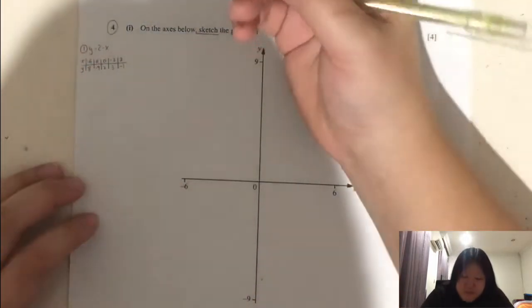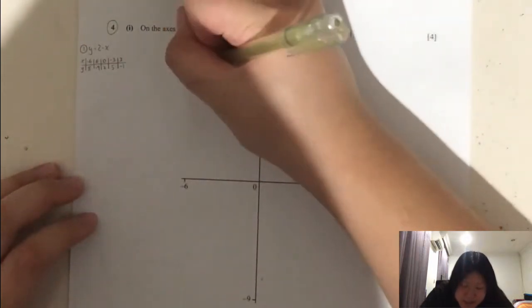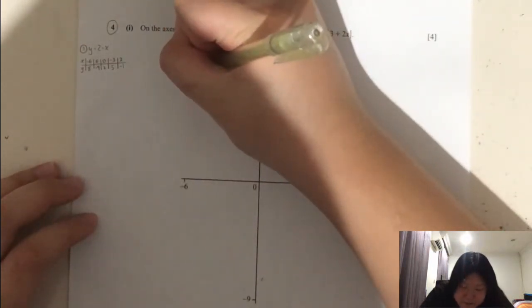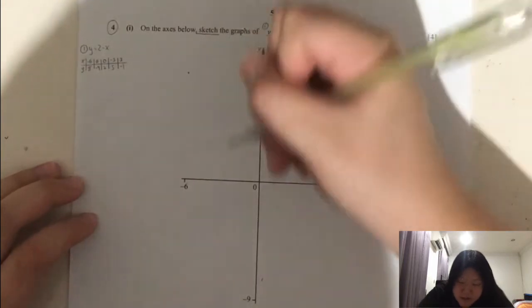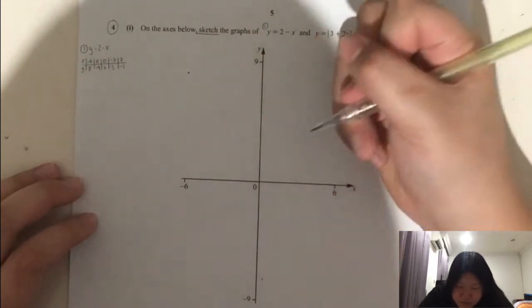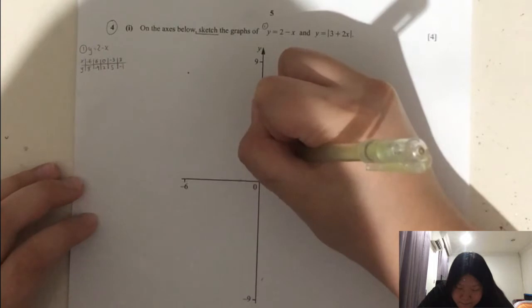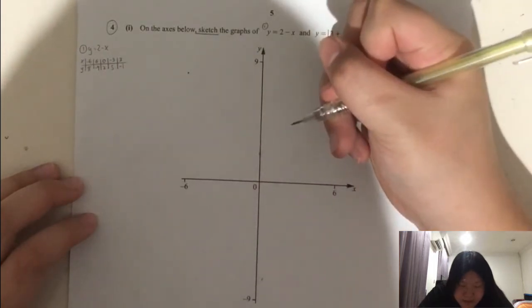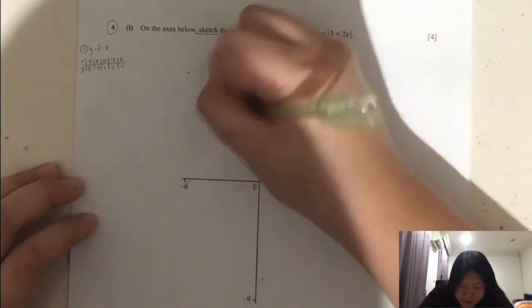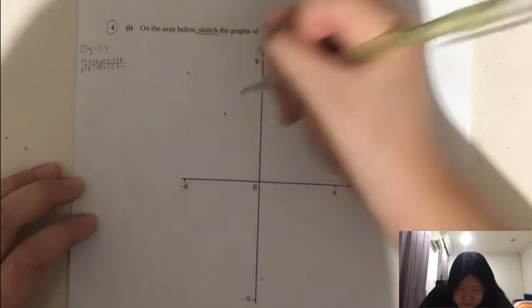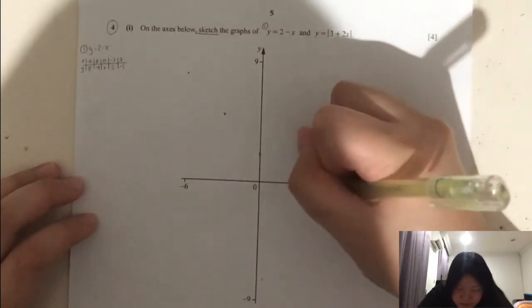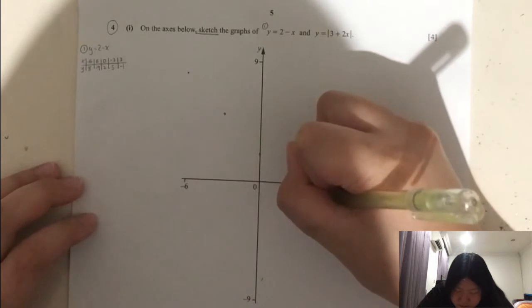So I'll be doing so. -6 and 8 is approximately here. 0, 2 is around here. -3, 5 is around here. 3 and -1 is around here.